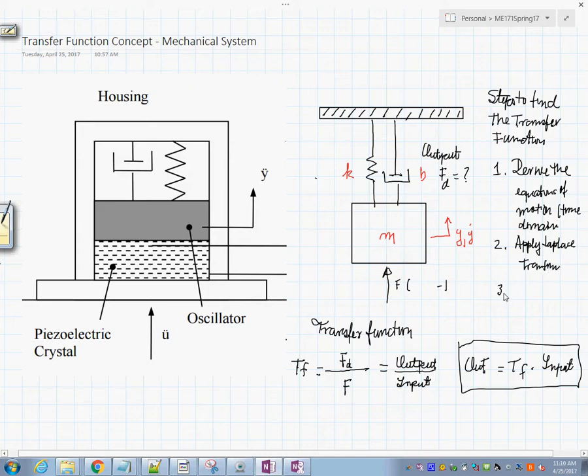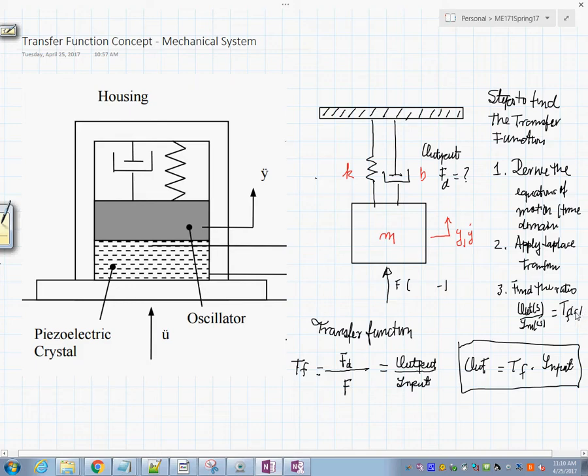And then step number 3, find the ratio, the output divided by the input. This is the so-called transfer function.